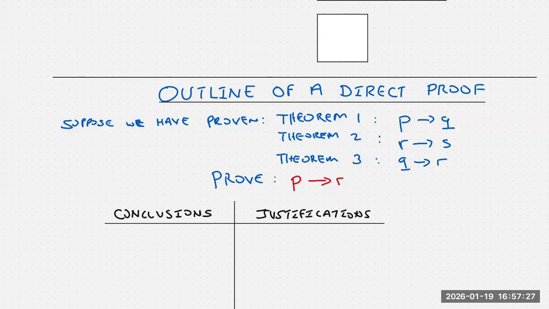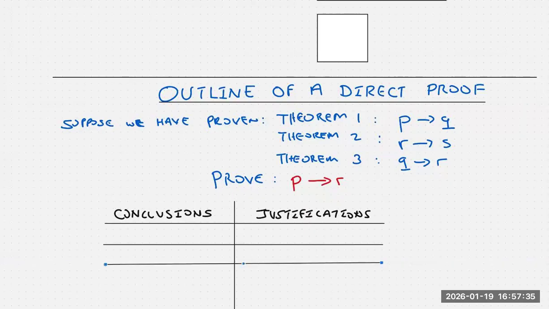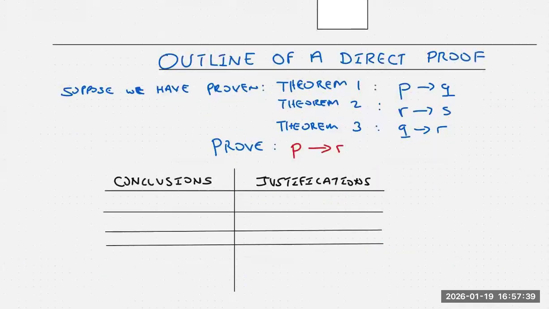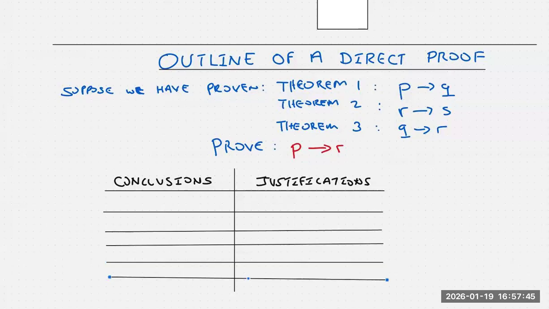So your conclusions and your justifications. When you're asked to prove something, you're going to set up like this. Pretty simple. I don't even think I need this many lines, but just in case, there they are.